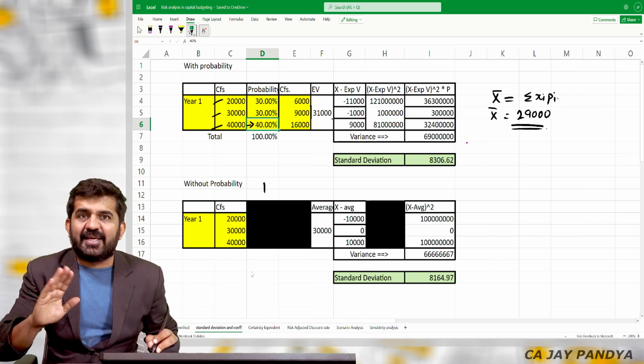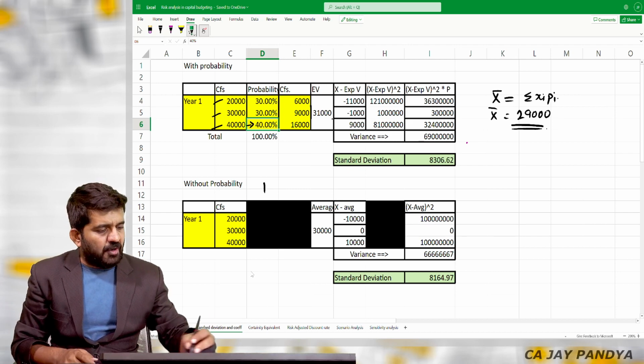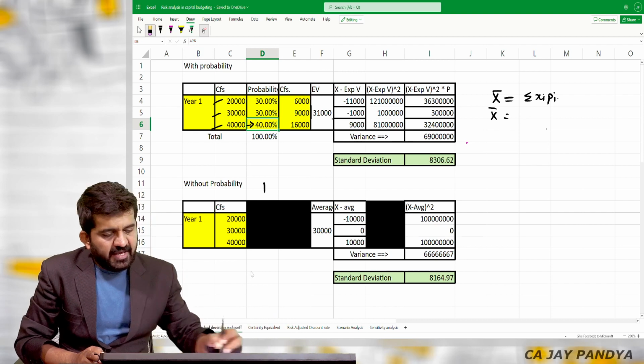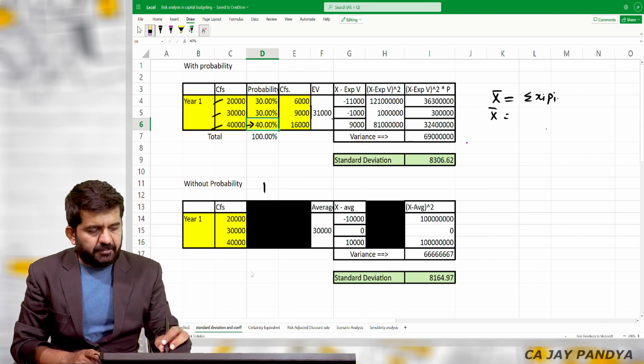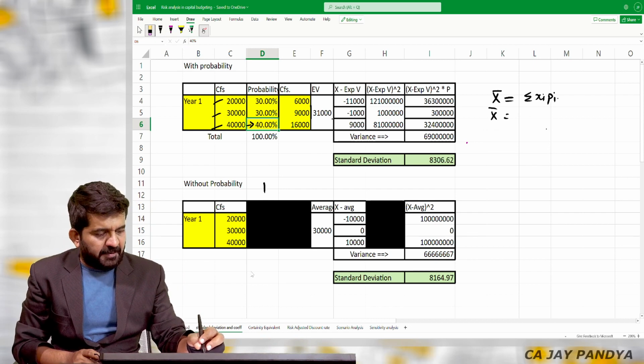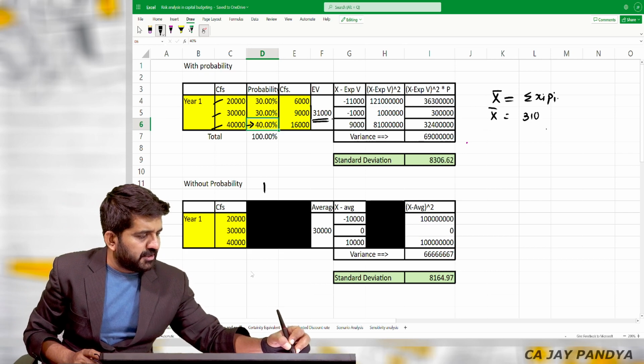Cash flows are same, just the probability is different. In the same way I have found out the average, which is 31,000. Sigma xi pi: 20,000 into 30%, 30,000 into 30%, 40,000 into 40%. Total expected value is 31,000. So X bar is 31,000.